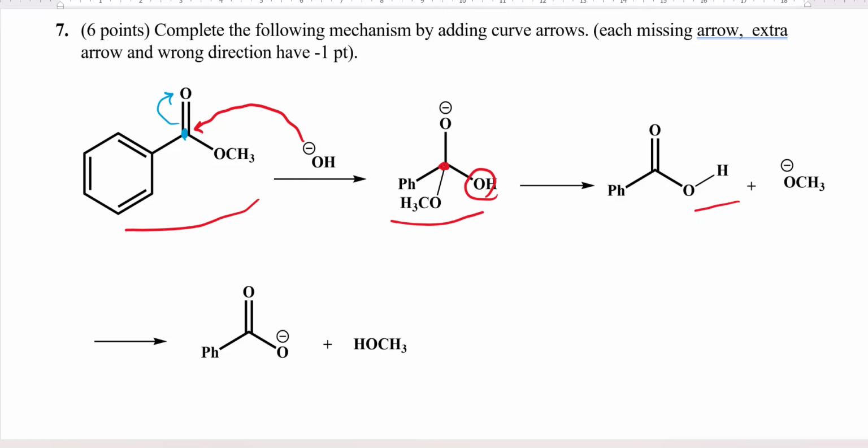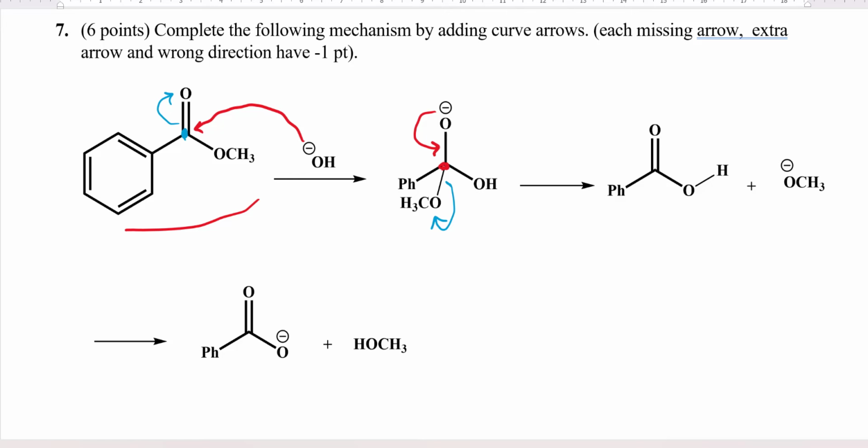Then when we compare this product with the intermediate, we can see that again we have a carbonyl group. So this negative oxygen should go back and make the double bond. And we see the OCH3 negative is out of our structure, not attached to our molecule anymore. So that means by formation of the double bond, OCH3 leaves the structure.